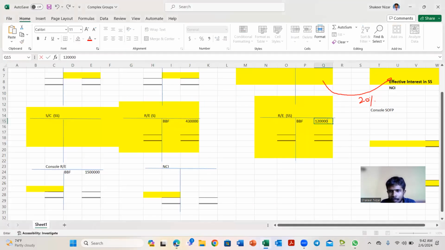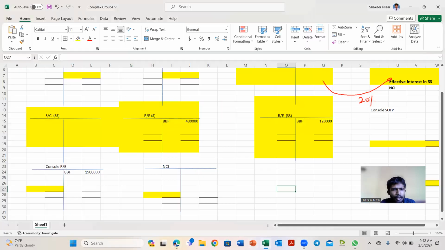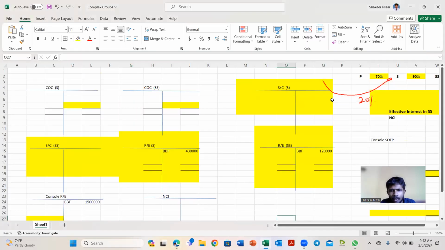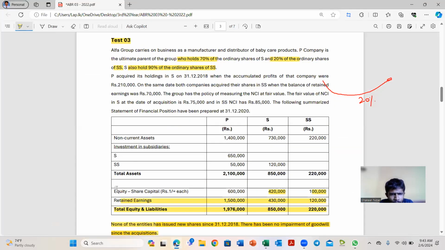Fill up the opening balances. And the stated capital also, you can see the subsidiaries are 420 and 100. With that, we fill up the opening balances.